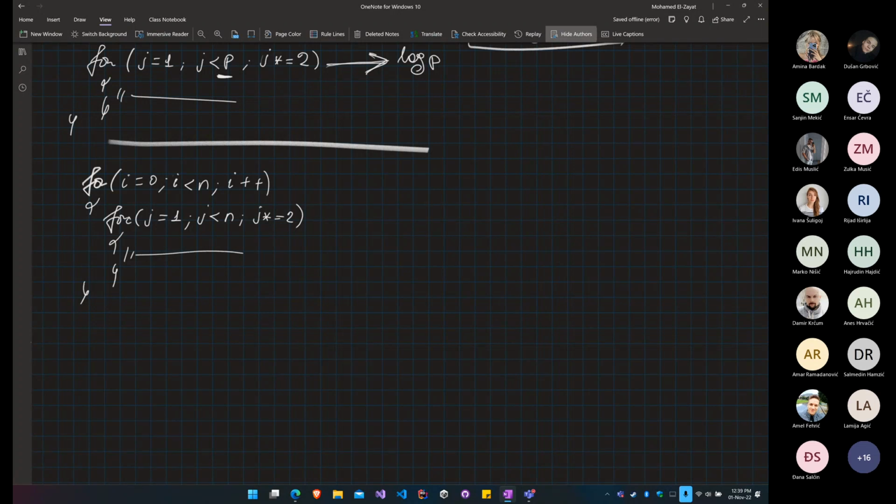Log n, but everything is squared. The logarithm is squared. No, it cannot be log squared because this one is not logarithmic, isn't it? So this is not logarithmic.